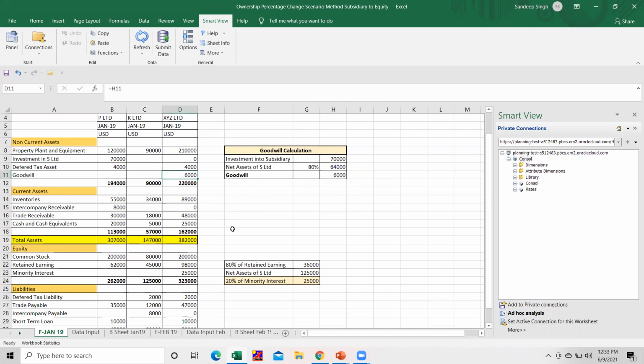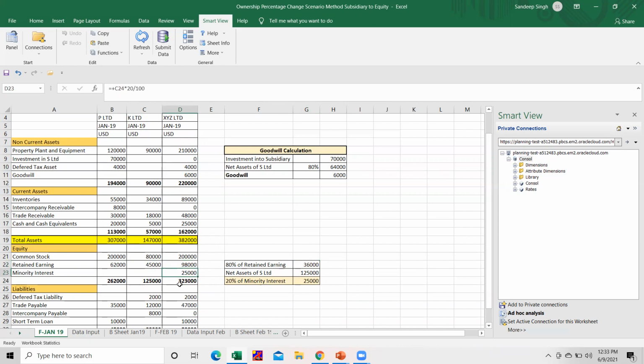Another calculation is of retained earning. Parent retained earning is 62,000. Subsidiary retained earning is 45,000, but we will get only 80%. If I calculate 80% of 45,000, this amount is coming to 36,000, and the retained earning number is 98,000. Similarly, the minority interest number will get calculated.